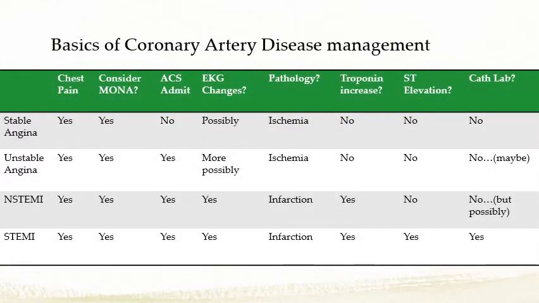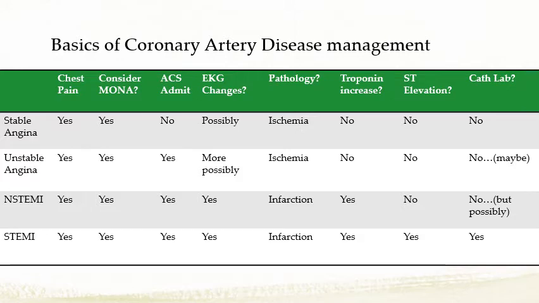So I hope you guys still remember this chart from when we looked at it in EKGs. It's, again, just to show us the difference between the three acute coronary syndromes, unstable angina, NSTEMI, and STEMI, versus our stable angina. So everything has chest pain.